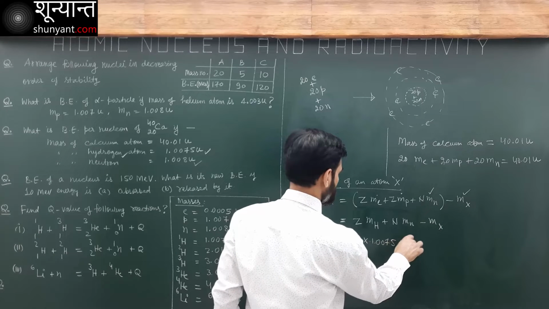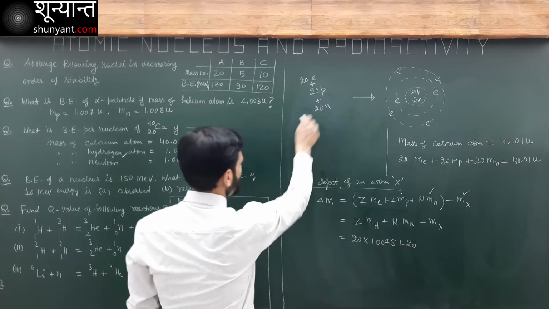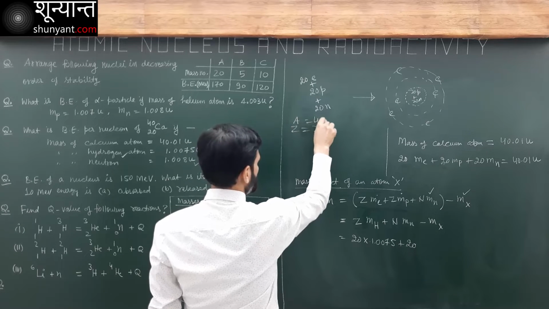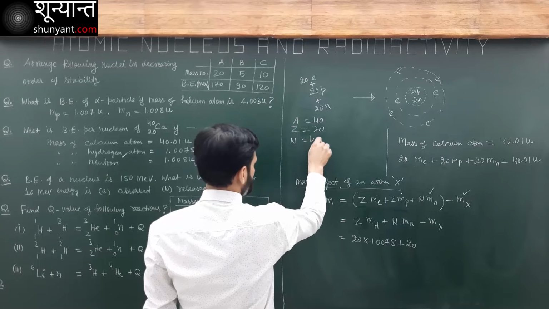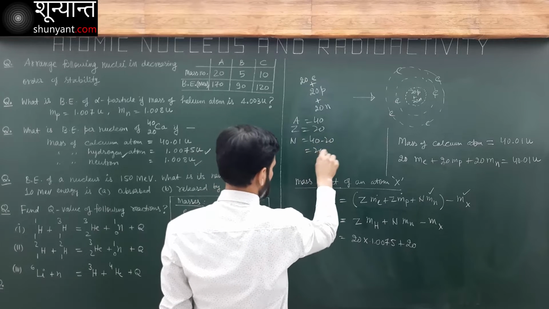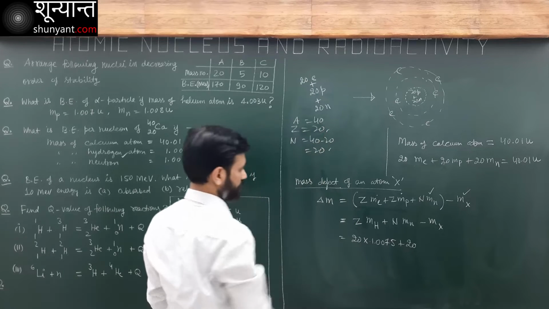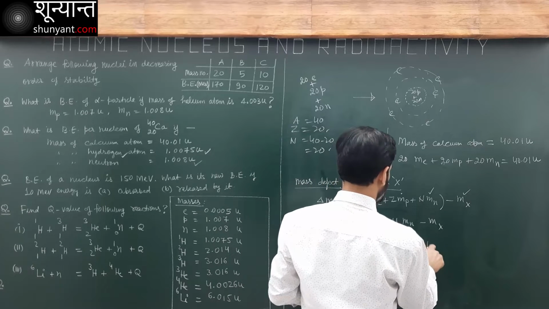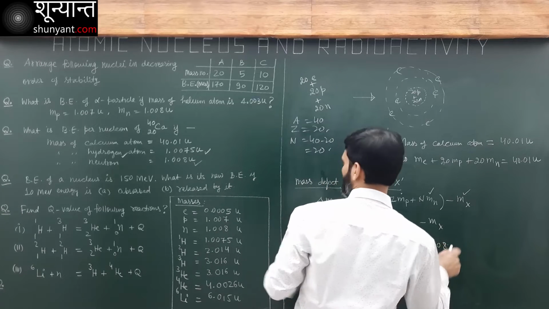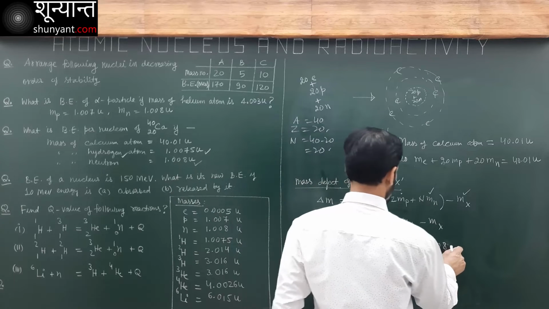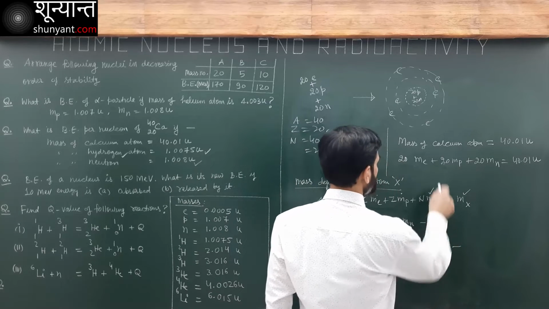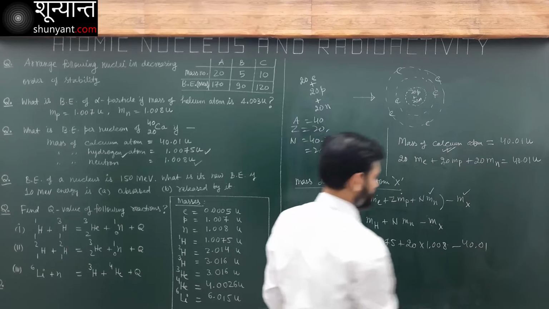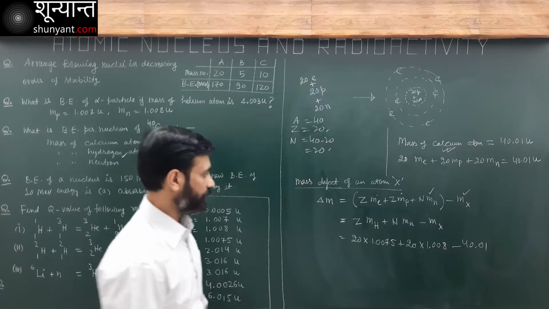Now this will be 20 times mass of hydrogen atom, 1.0075 plus 20. Here Z is 20, A is 40, N is 40 minus 20 is 20. All three are 20. 20 times 1.008, it is already given here, minus the mass of calcium atom, 40.01. That's how we do it.